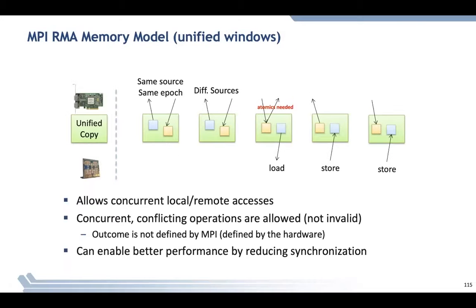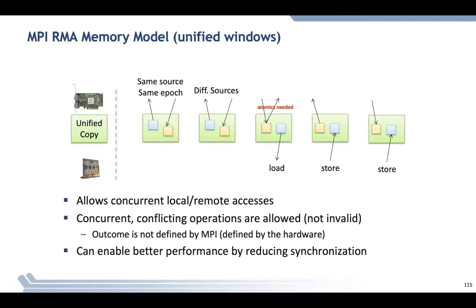Whereas in the unified model, there isn't a separate private and public. There is one version which is automatically updated. This is just some detail. If you ever get into that portion of the MPI RMA chapter, this might help you get started with it. But for the most part, at least initially, we don't need to worry about this a lot.